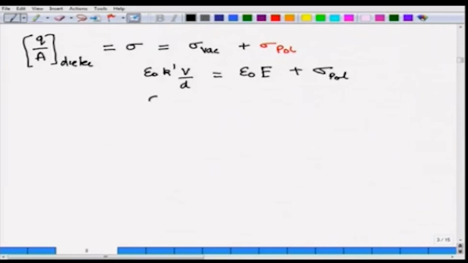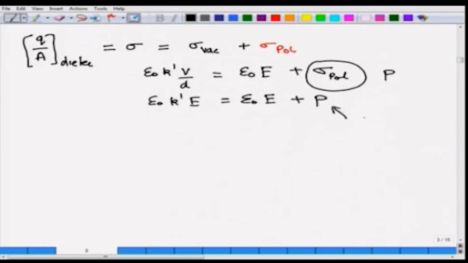So, we can write this as epsilon naught K prime E equal to epsilon naught E plus this quantity which we define as polarization, and hence I am going to write P, polarization, and this is the key term, polarization, which will have a dimension of coulombs per meter square.